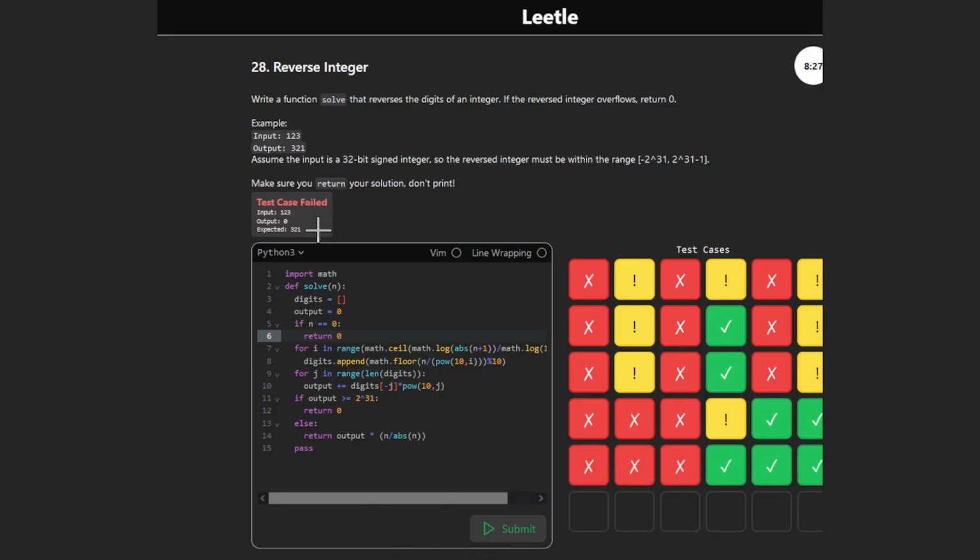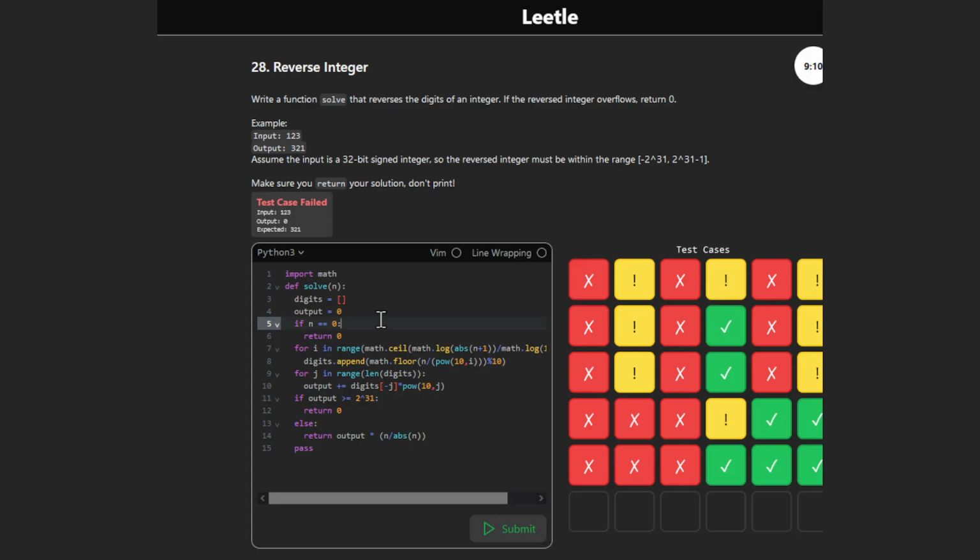Okay, here we go. 1, 2, 3. It failed. It should be 3, 2, 1, but I returned 0. Okay. Math.floor of n divided by 10 to the power of i, which at the very beginning is 0, because i is 0, to the power of 0 makes 1.